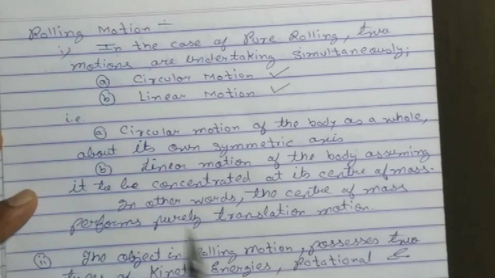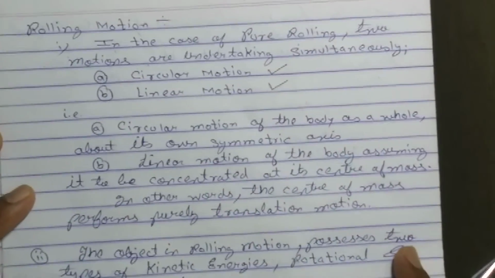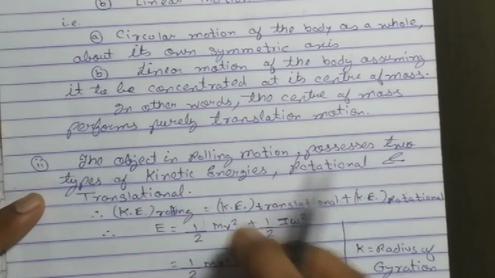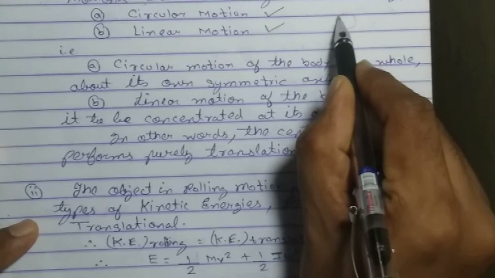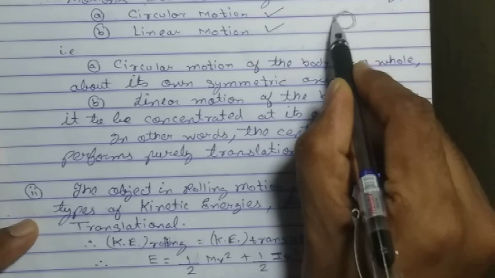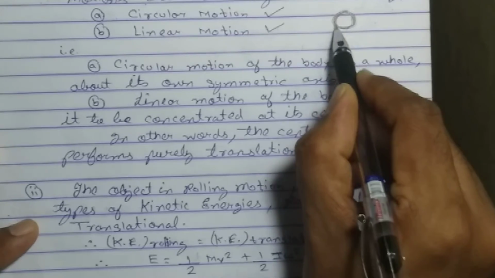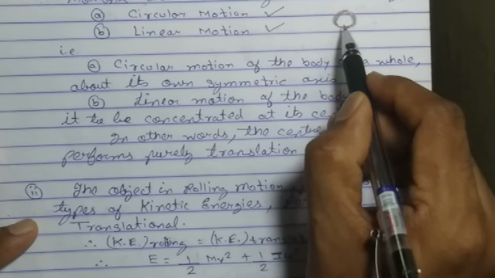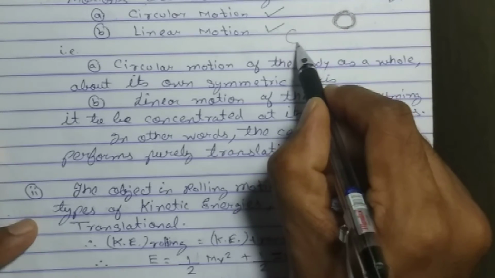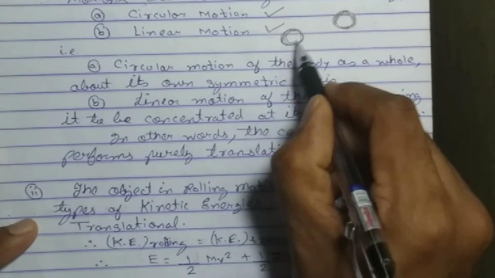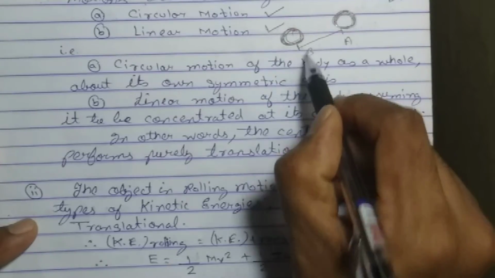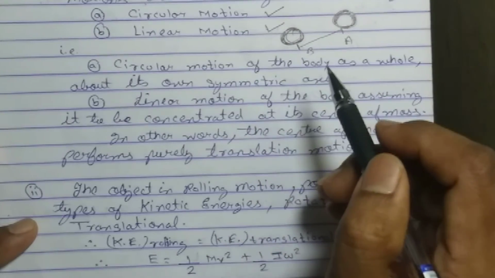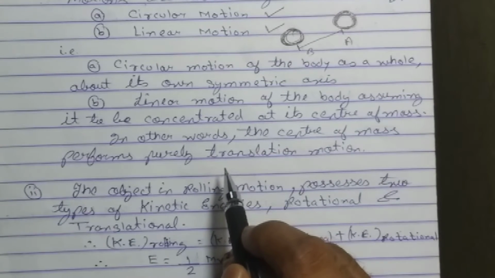Circular motion is of the body as a whole about its own symmetric axis, the rotational motion we can observe over here. And it moves from one point to another point, from A to B.